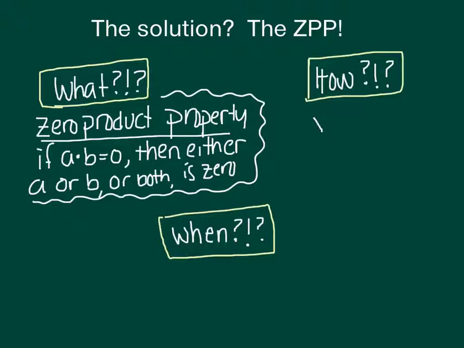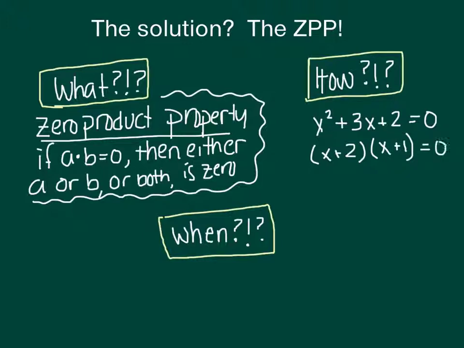So, for example, if I had a quadratic equation, x squared plus 3x plus 2 equals 0, if I was able to actually factor that, or unfoil it, back to the product of two binomials, I now have a situation where I could apply the zero product property.